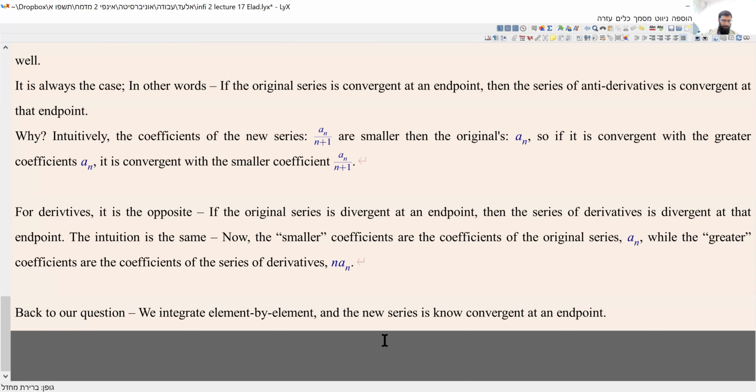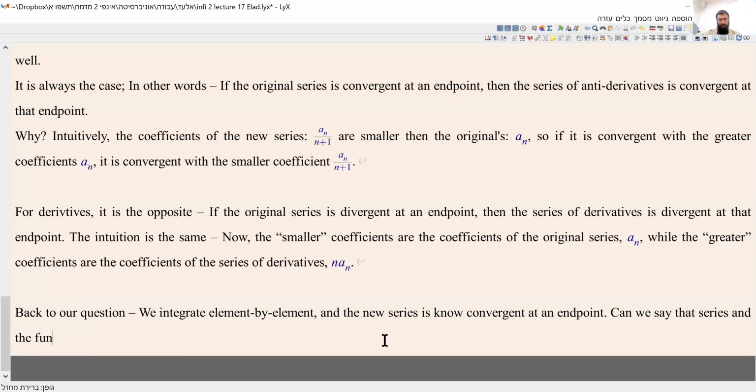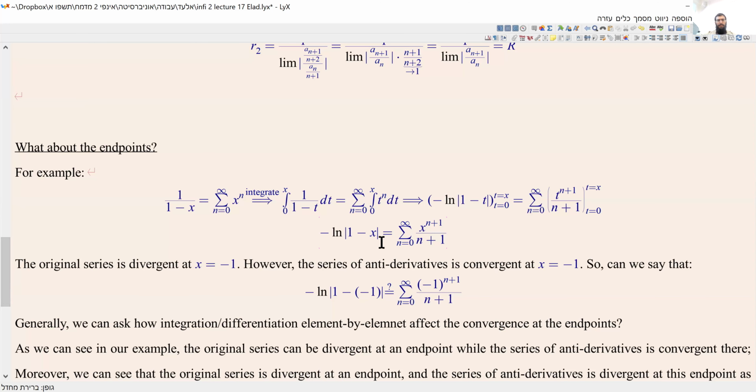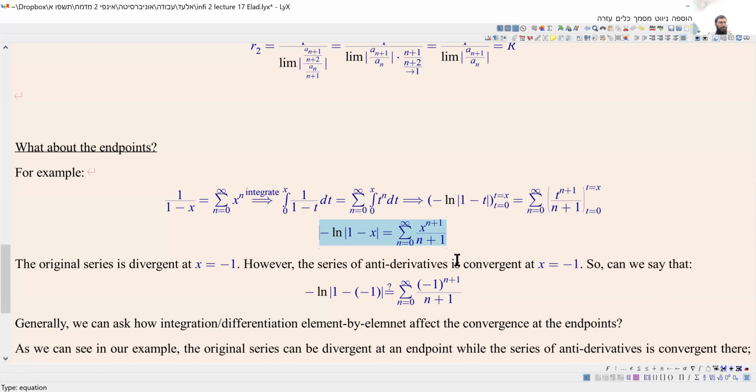It wasn't convergent before we integrate. Can we say that the series and the function are equal at the endpoint as well? This is our specific case. Here it is x equals -1. Does this equation hold?